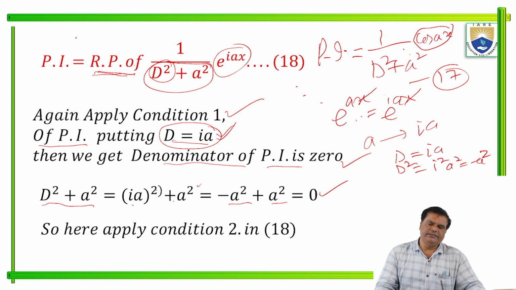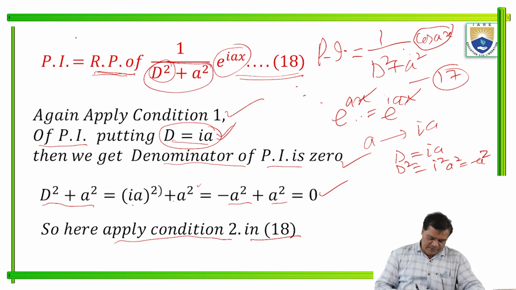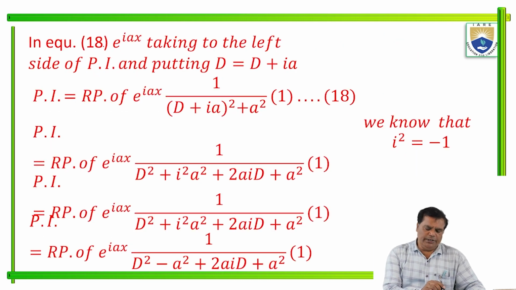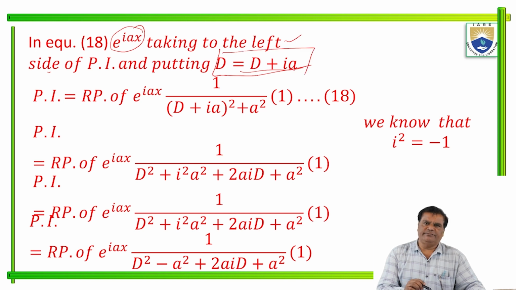Then we apply condition 2 in equation 18. What is condition 2? In equation 18, e to the power iax is taken to the left side of the particular integral, and we put d equal to d plus ia in the denominator.